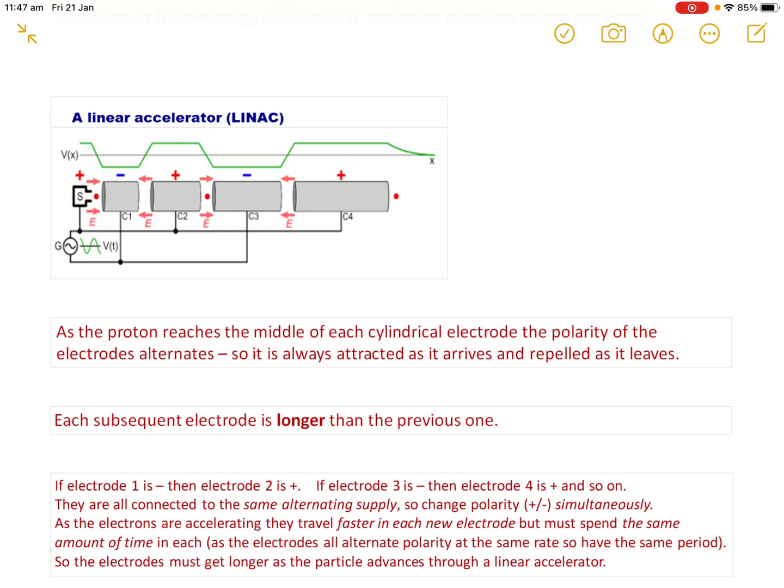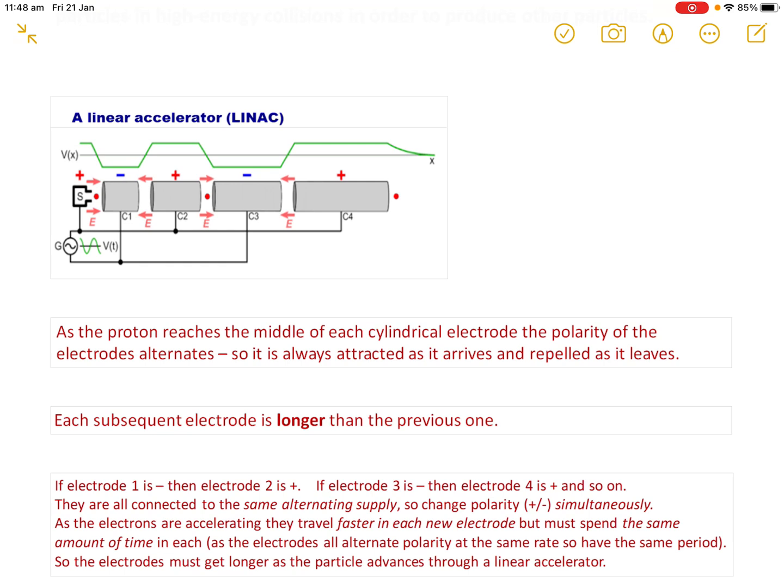Now, as you can see in the text immediately below the diagram, as the proton reaches the middle of each cylindrical electrode, the polarity of the electrode alternates so that it is always attracted as it arrives and repelled as it leaves.